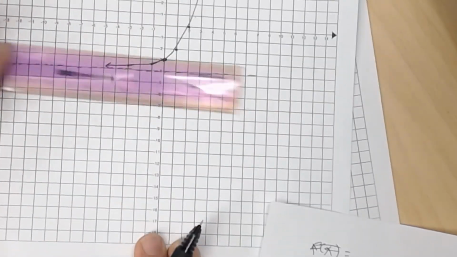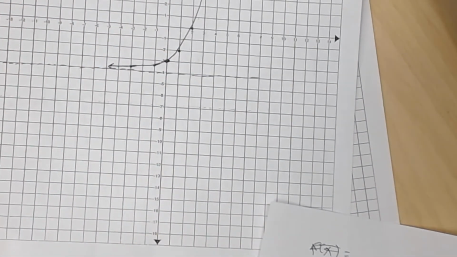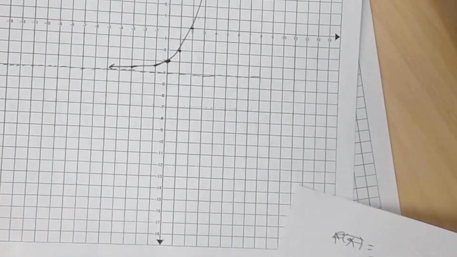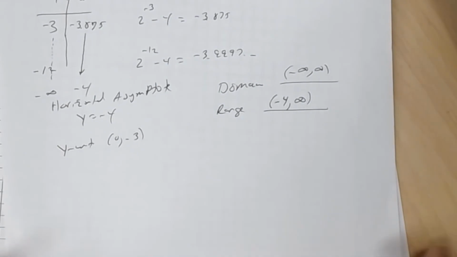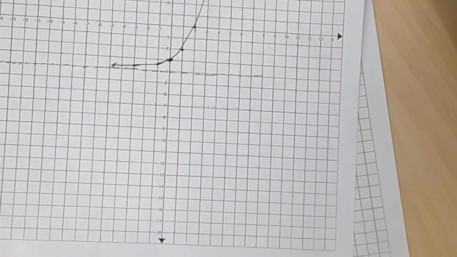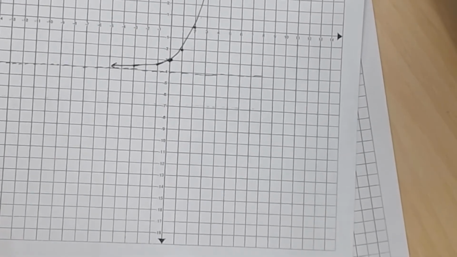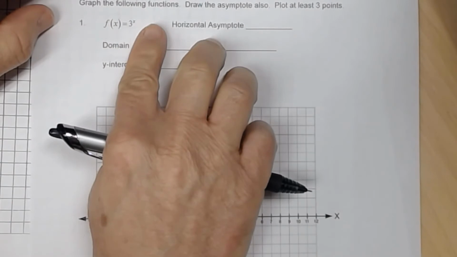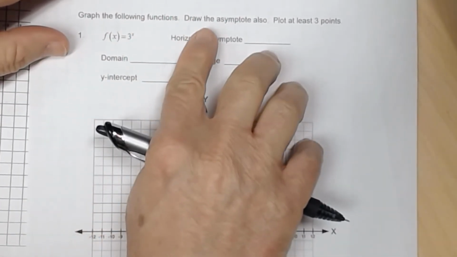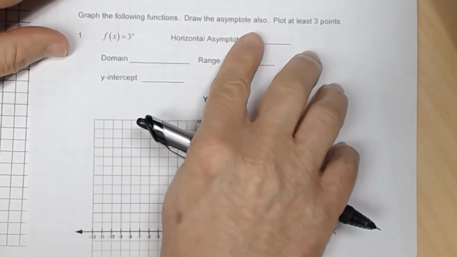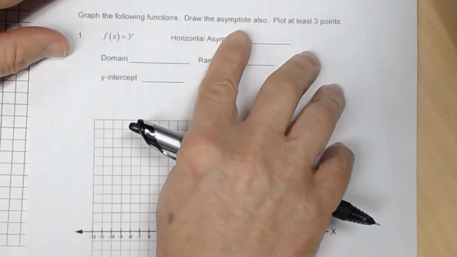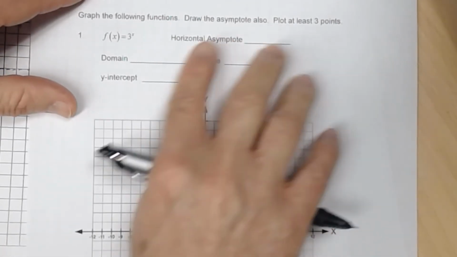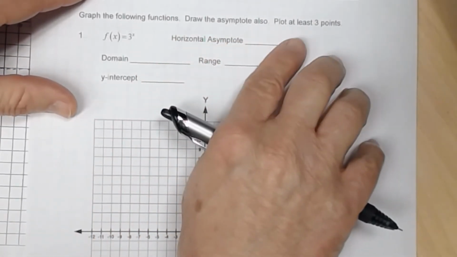Now let's look at another problem, and let's see if we can graph and find this information in a much quicker way. Here's the idea. When you look at the worksheet, it's going to say: graph the following functions, and they're going to be exponential, and draw the horizontal asymptote, and then plot at least 3 points.